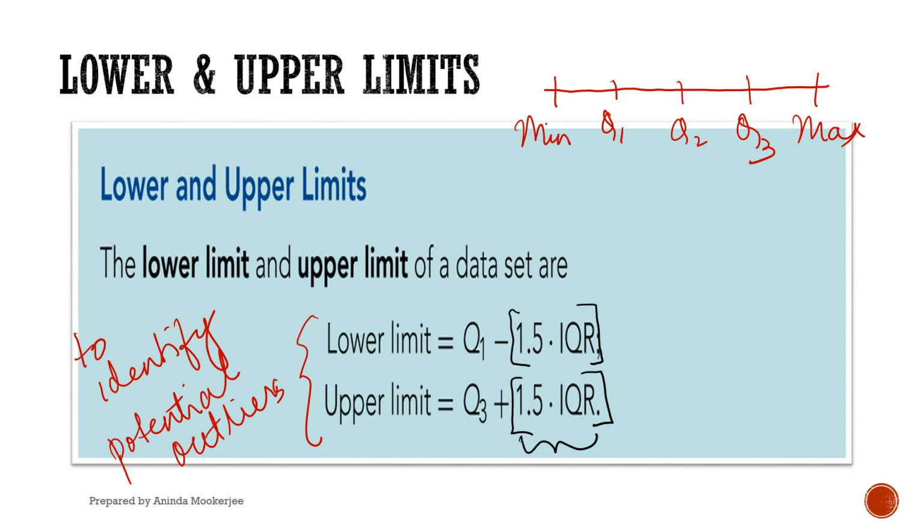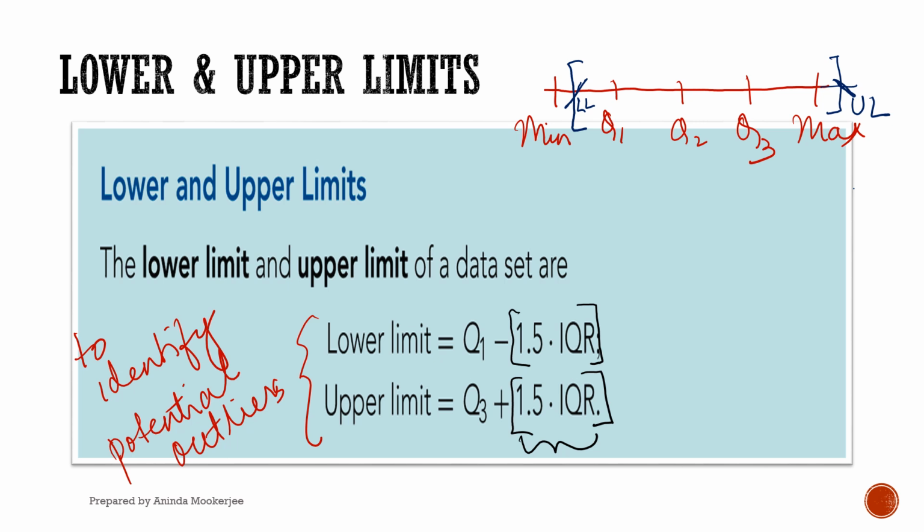So once we have calculated our lower limit, let's say its position is somewhere over here. Let's say this is the lower limit of the data set and the upper limit, let's say, is out here, a value right here beyond the maximum value. And we need to identify the outliers, if there are any potential outliers.